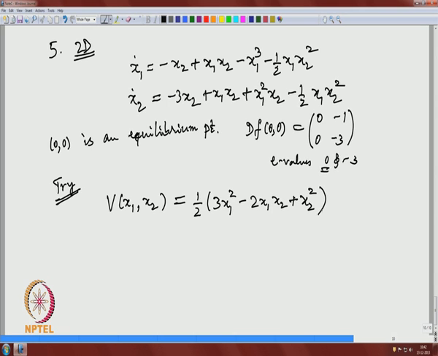So, if you use Sylvester's criterion, you can easily check that this is positive definite, and since we are just in 2 variables and a quadratic function, we know how to complete the squares. So, you can also see the positive definiteness in a much easier way in this case.